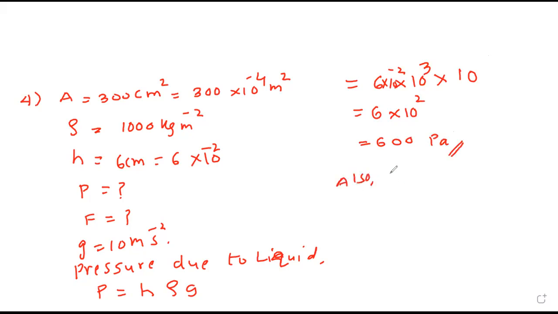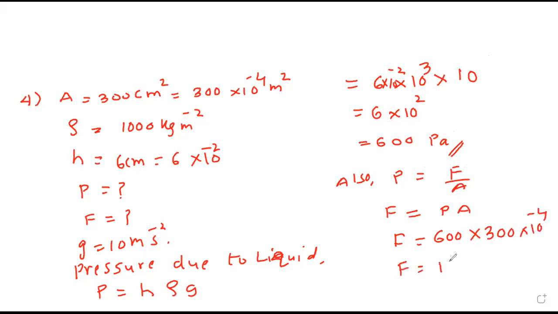Also, pressure is thrust upon area. So thrust will be P into area. So F equals to 600, area 300 into 10 raised to minus 4. 6 into 3, 18, and this is 10 raised to 4 into minus 4.